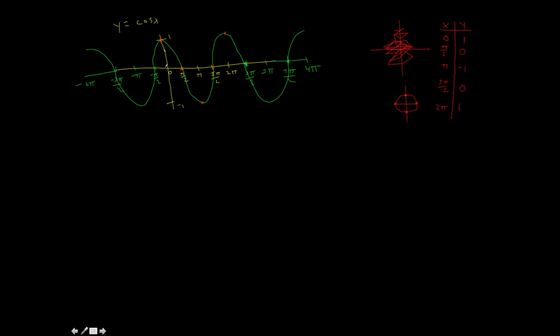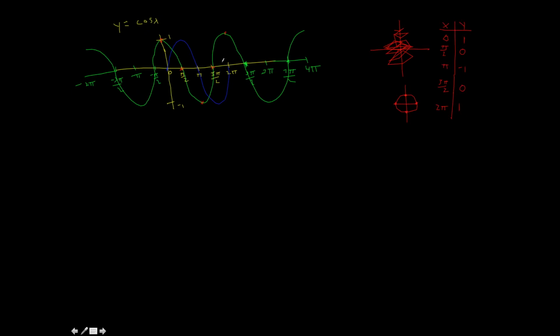If we were to graph sine and cosine on the same graph, so if I add sine to this graph, here's sine. So you can see the difference. Sine starts at 0, cosine starts at 1 on the y-axis.